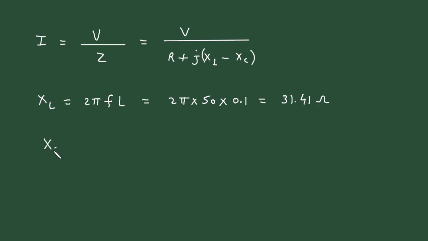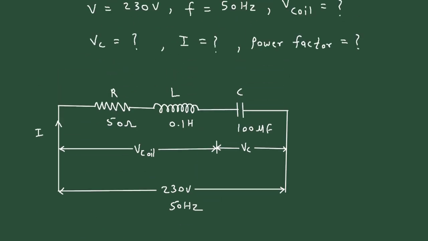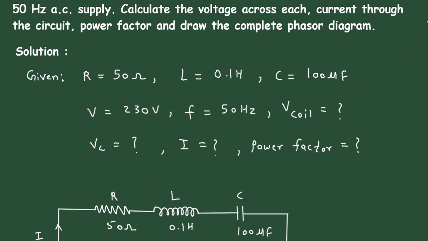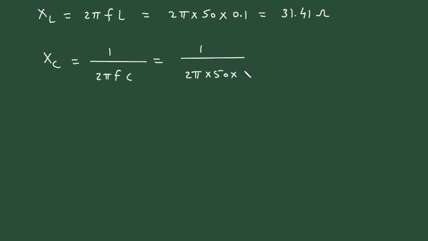Then for capacitive reactance, XC is equal to 1 upon 2 pi F C. So it will be 1 upon 2 pi multiplied by F, which is again the same 50 Hz, multiplied by C, capacitance. Capacitance value is 100 microfarad, so 100 multiplied by 10 to the power minus 6.